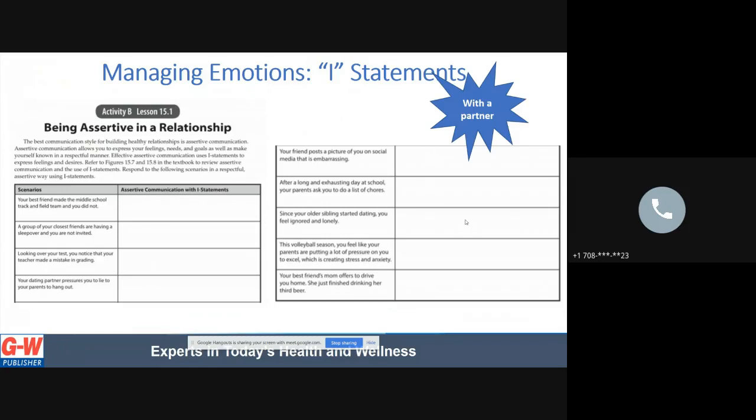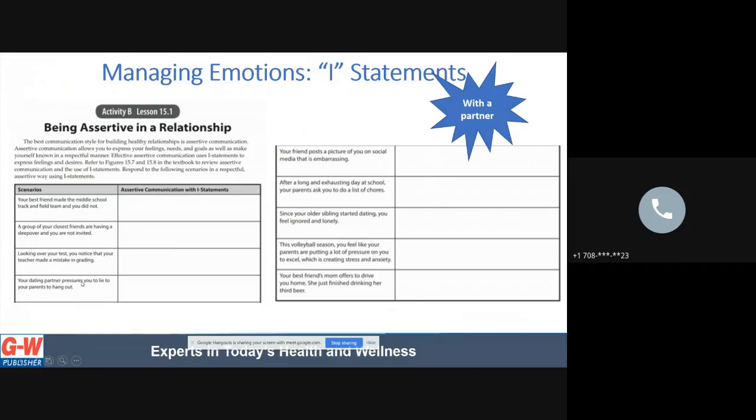Continuing to have students practice managing their emotions, now we can have them look at several different scenarios where they're expressing emotion to a different type of person. So for example, a group of your closest friends are having a sleepover and you are not invited. How can you assertively communicate using an I statement while expressing your negative emotion, but taking ownership of it rather than blaming somebody?